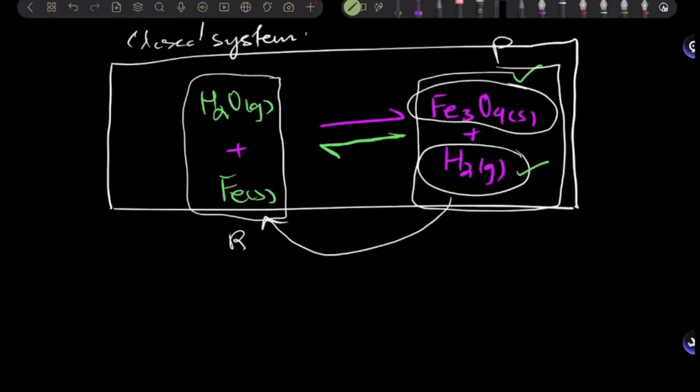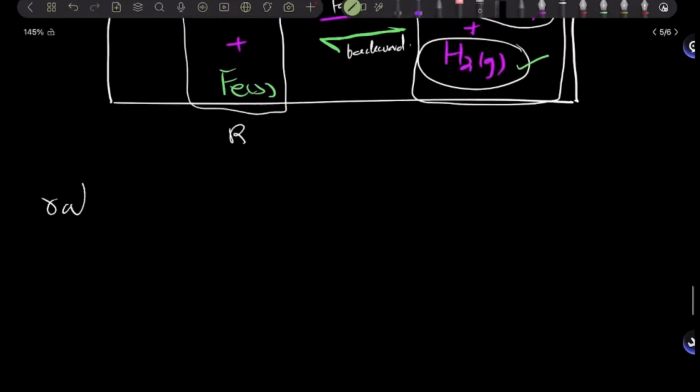Right? So this is where you'll start to learn about an equilibrium. What is an equilibrium? This is our forward reaction, and this is our backward reaction. Do you understand what rate is? What is the rate of reaction?